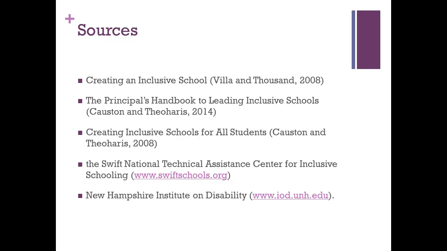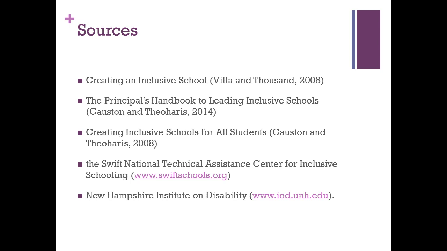The information that I'm going to provide here today comes from a number of sources, and I just highlighted some here, although there are a number of other resources that define inclusive schooling. So I developed this from Creating an Inclusive School by Villa and Thousand, a book from 2008.